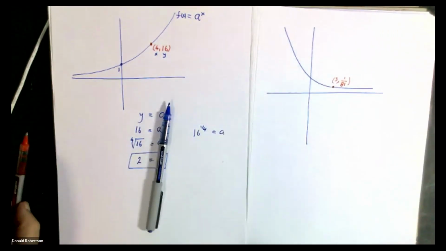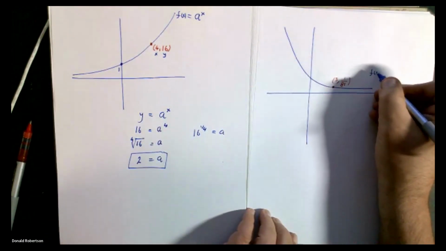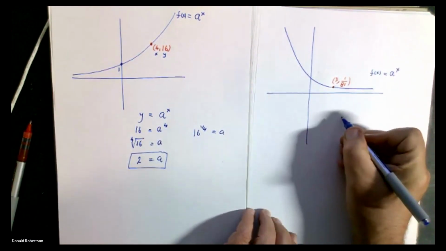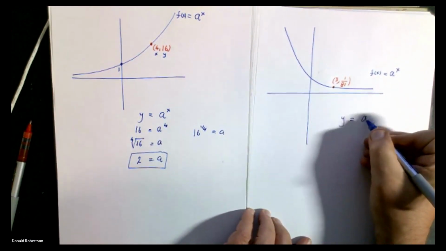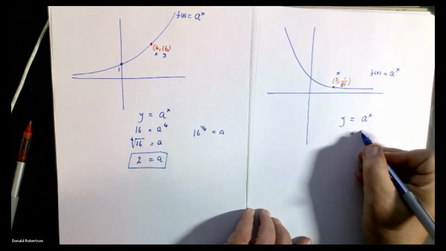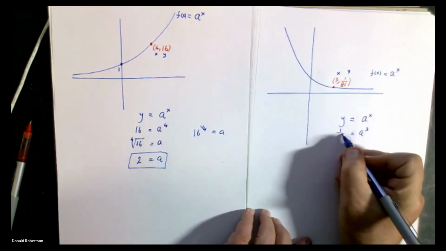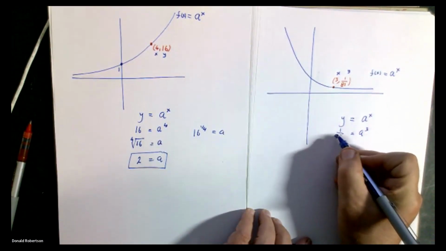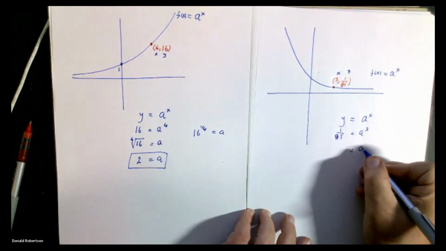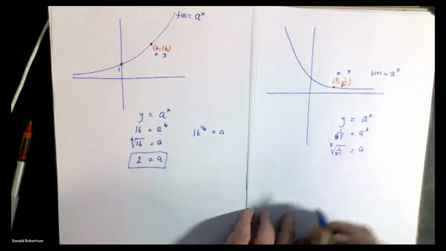Then we know it's going to be a to the power of x. So we'll call it y equals a to the power of x. The x is 3, and the y is 1 over 81. So to get a, I take the cube root of 1 over 81.